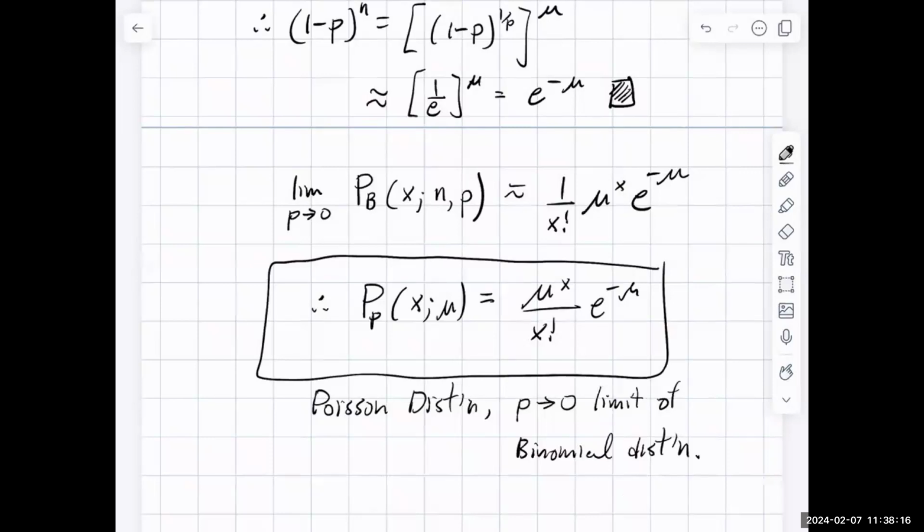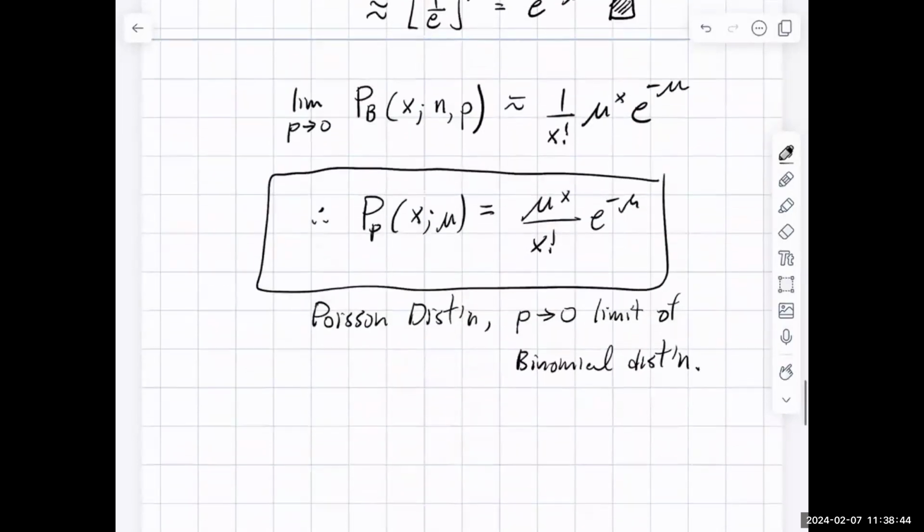All right, so what I want to do is I want to check some properties of this Poisson distribution. And so one of the properties that we require, if this is going to be a probability distribution, it must be the case that the sum of all of the probabilities for different values of x must come out to be 1, right?